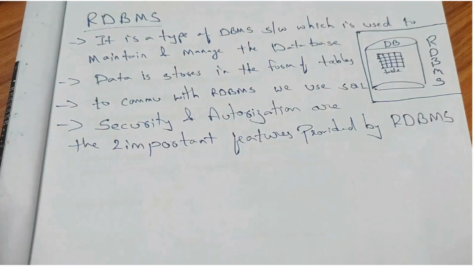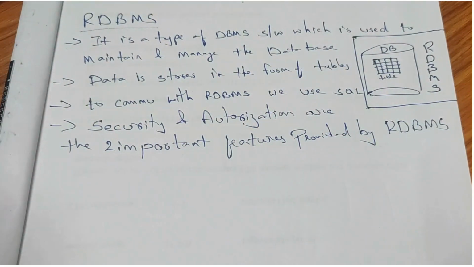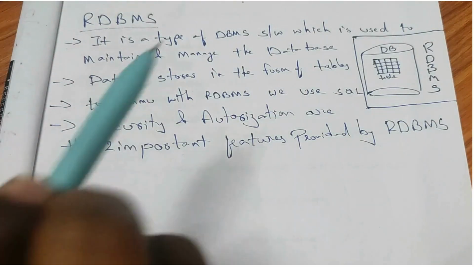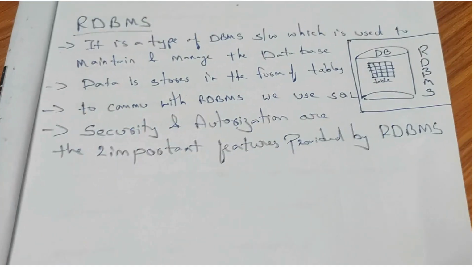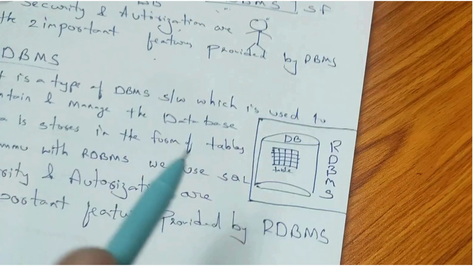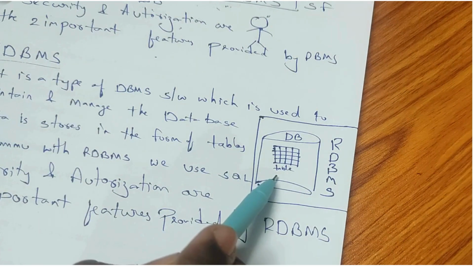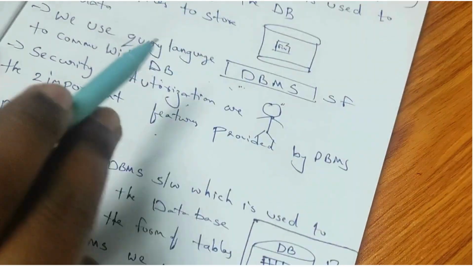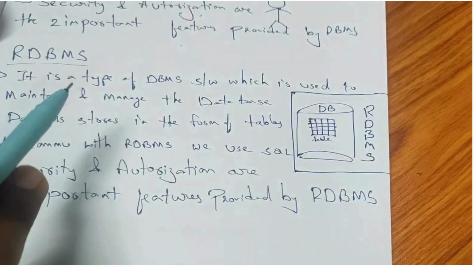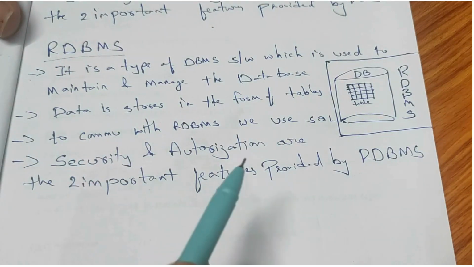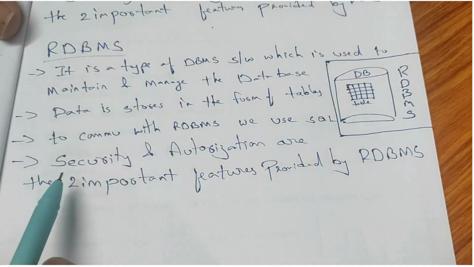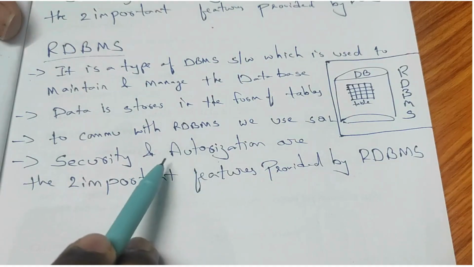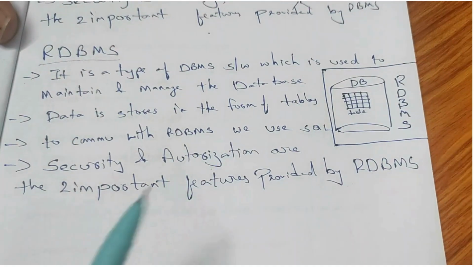This is software which is the same as the DBMS we discussed earlier, but the difference is that in DBMS we store the data in the form of files, and now we store the data in the form of tables. Here we use a structured query language to communicate with the RDBMS. Both are the same in security and authorization; these two features are offered by RDBMS also. This is the RDBMS which is used nowadays.